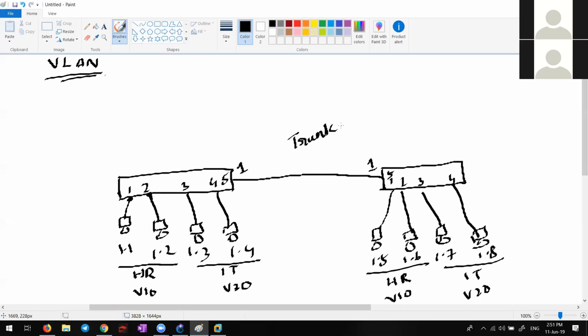Now, write down notes. I'll give you. In switches, there are two types of ports. The first one is the access port.